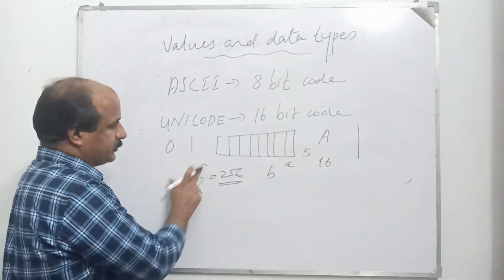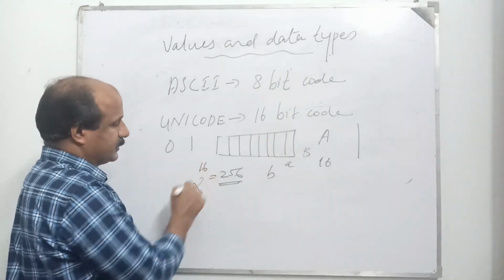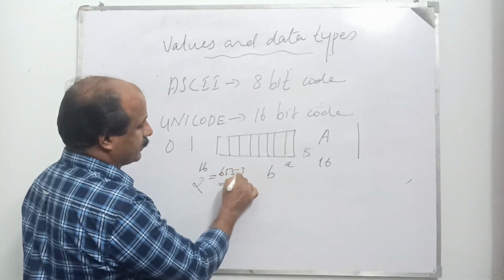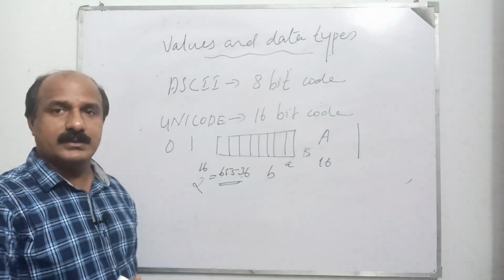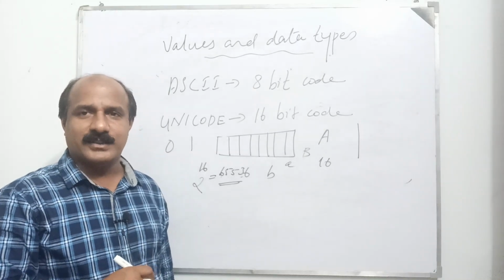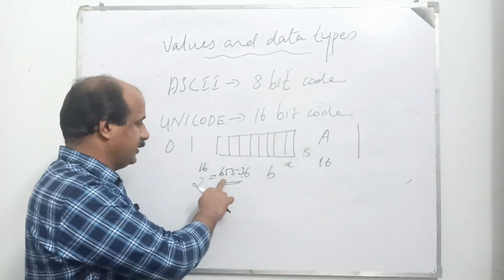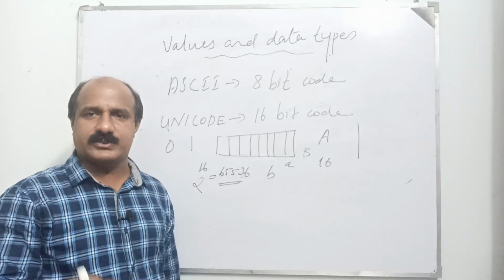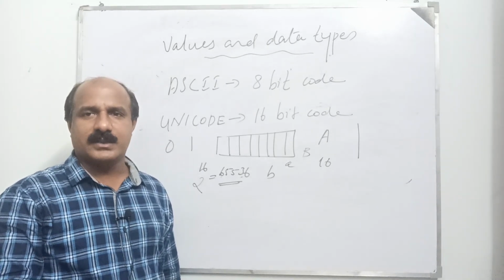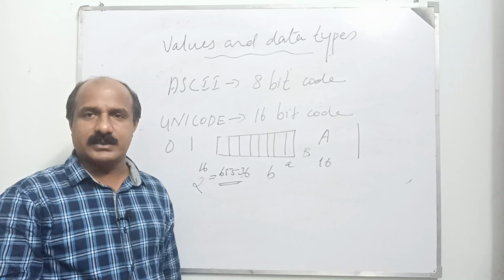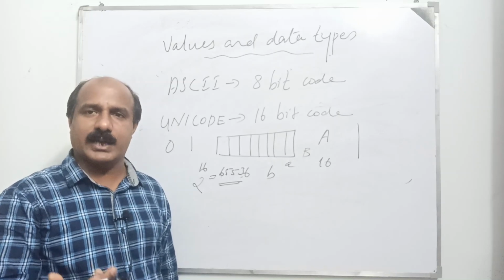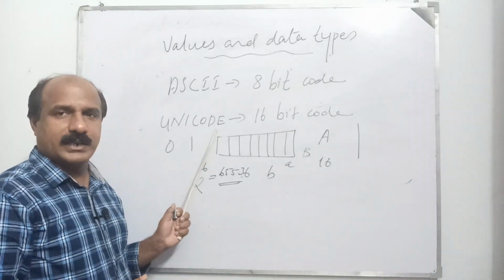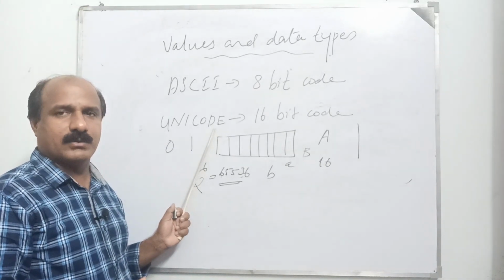Then what will be the change? 2 to the power 16 gives 65,536 characters. So you are able to represent that many characters. This is enough for representing any language: Chinese, German, French, Hindi, Sanskrit, Tamil. Any language can be represented in computers nowadays because of the encoding system used by Unicode.